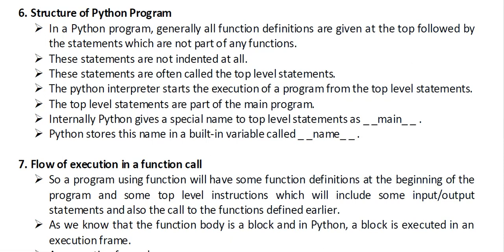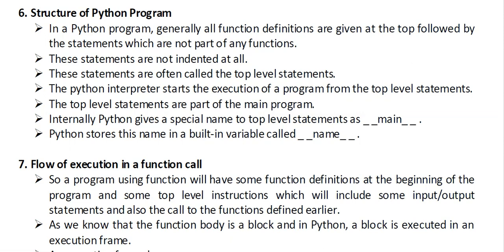Suppose you are making a program for a calculator, so you define the functions for addition, subtraction, multiplication, division, square root, cube root, and so forth in the beginning of the program by following the norms that we have discussed earlier. Okay, so define, and after that you write the other lines that are not part of the functions. Those function definitions are followed by the statements which are not part of any function.